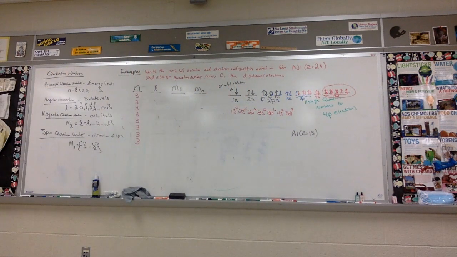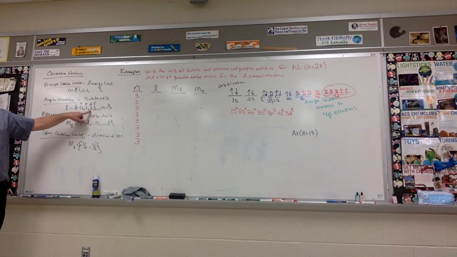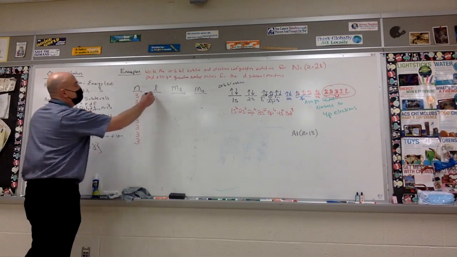What's my l value for a d sublevel? 2. That was my 3s, that was my 3p with 1. Now I'm in the 3d, so my sublevel value for all 8 of those electrons is 2.